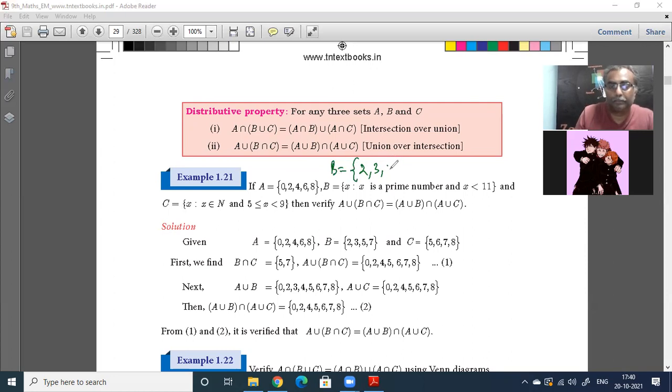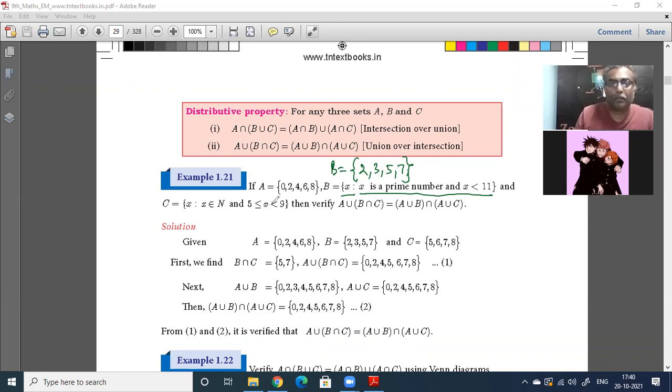Could you repeat the question, Uncle? X is such that X is a prime number and X is less than 11. What is the set B? 2, 3, 5, 7. Yes, because it's less than 11, not less than or equal to 11. Very good.